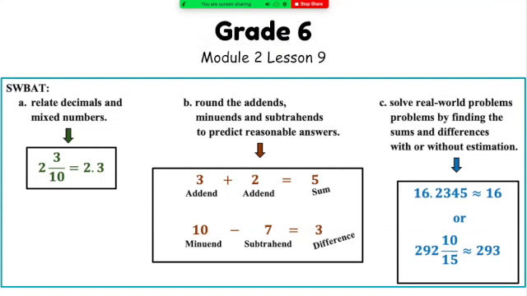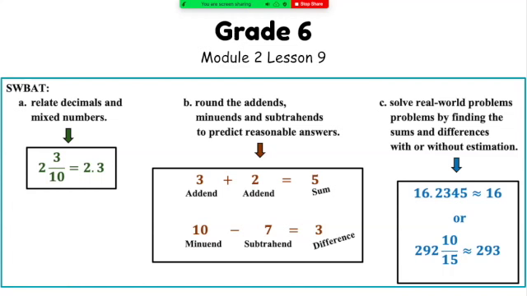So this is grade 6, module 2, lesson 9. As you can see, the student outcomes were summarized, but I did not take away the vocabulary within the outcomes. But here's how we can assist students. Students will be able to relate decimals and mixed numbers. So I just showed them a visual of a mixed number and decimal.